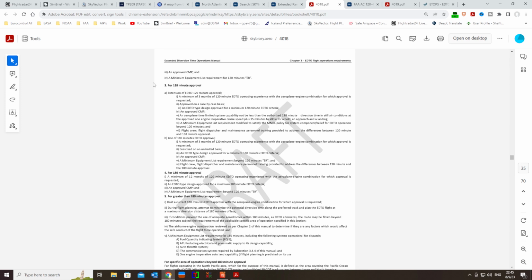I mean, extra certification is going to be needed, and we're gonna have this CMP approval, which stands for Configuration Maintenance Procedures, because ETOPS is all about the maintenance and the equipment on the aircraft.